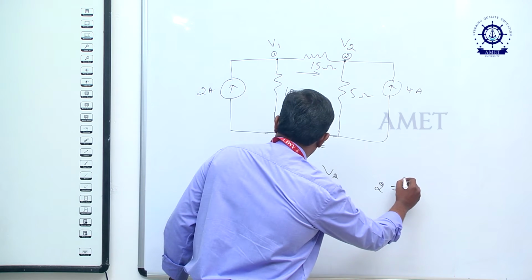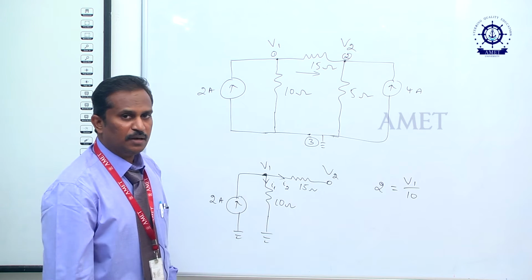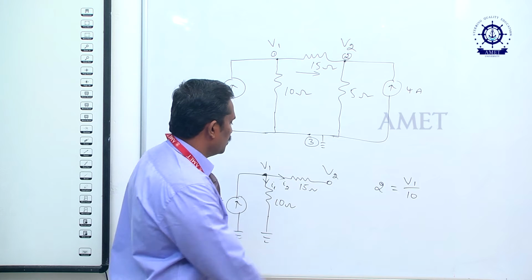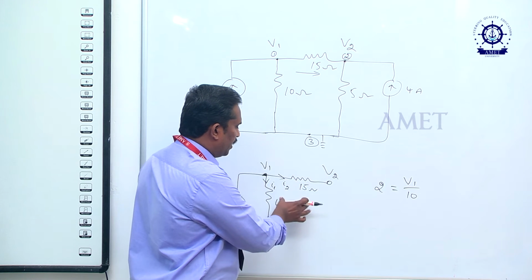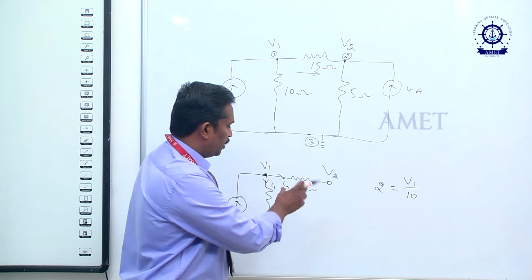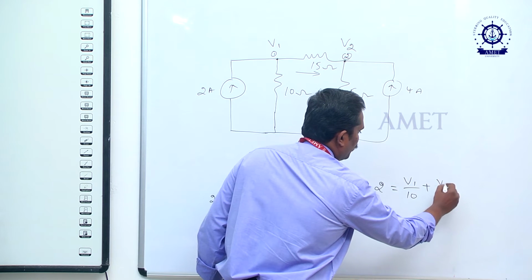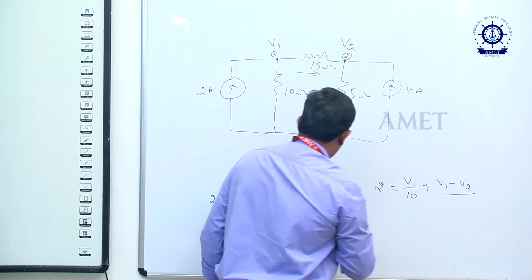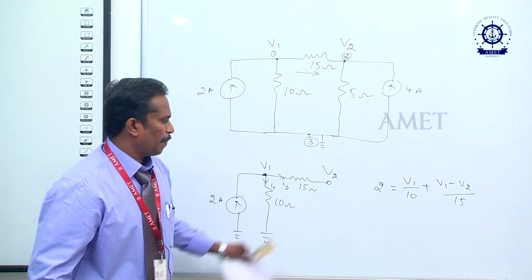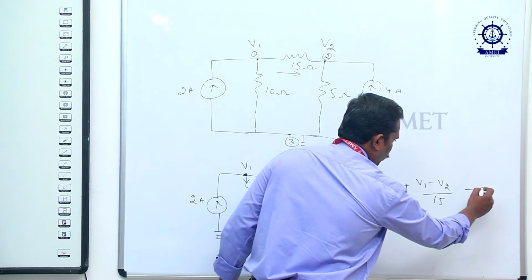So I1 is V1 by 10. By applying Ohm's law, you can find the current through each resistor. The potential difference here is V1 minus V2, so plus (V1 minus V2) divided by 15. That is the current flowing through the 15 ohm resistor. So this is equation number 1.